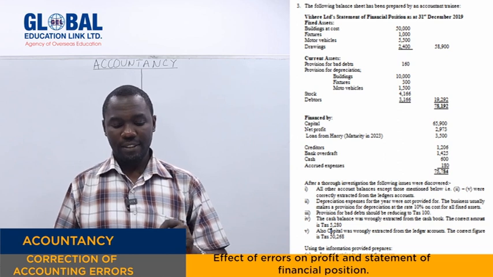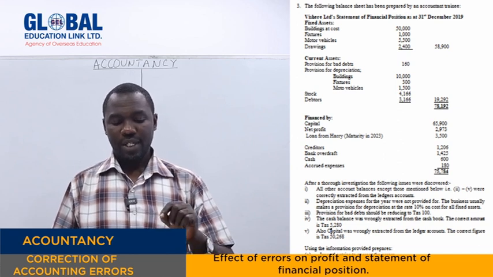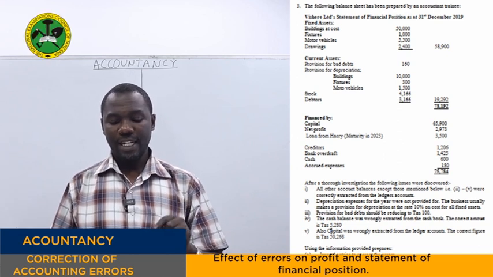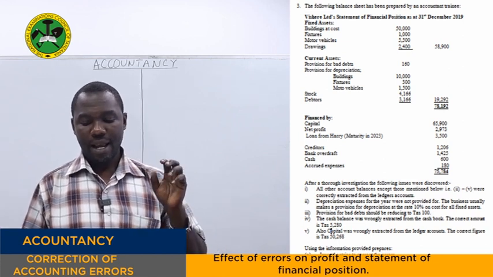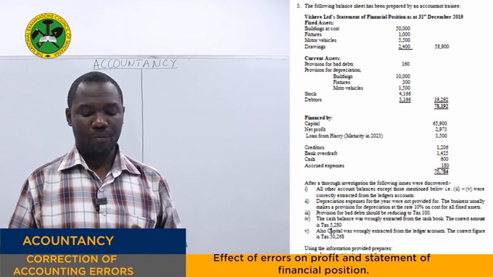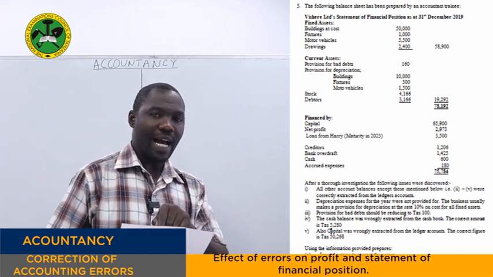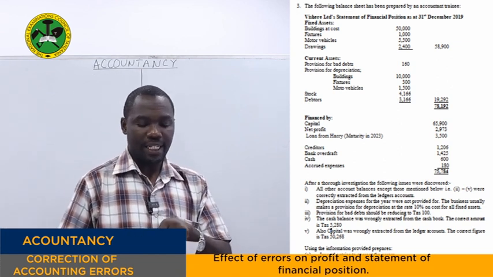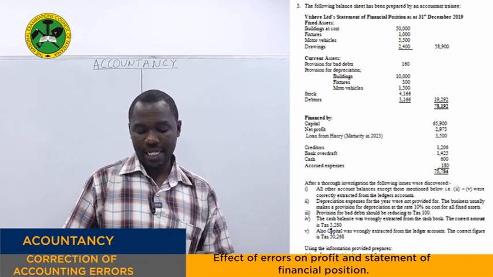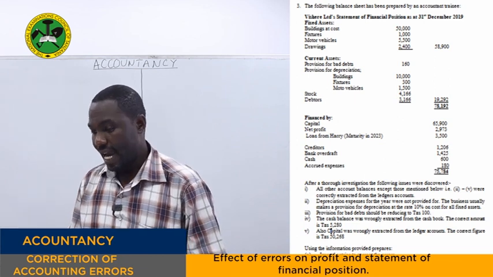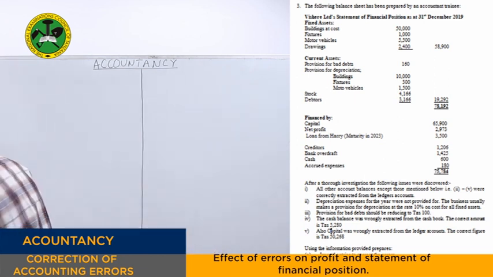Remember that in the question, we are told that this statement of financial position was extracted by the accountant trainee. If you go through those items, you find that they were mixed. So we cannot rely on the difference, given that if you take the asset side, let us compute.